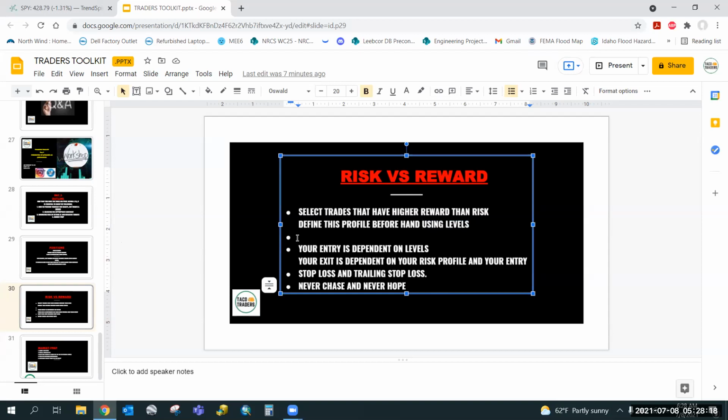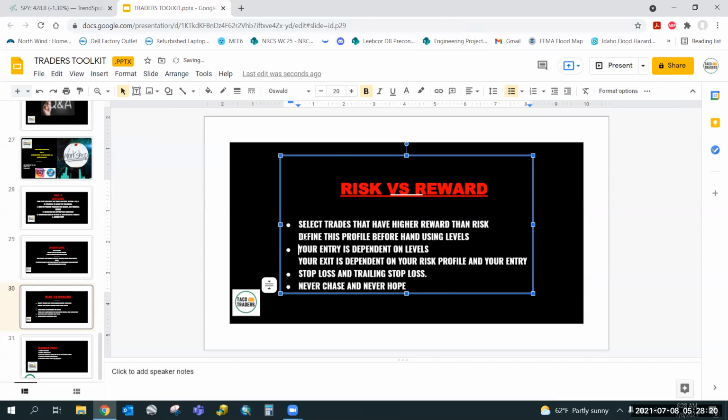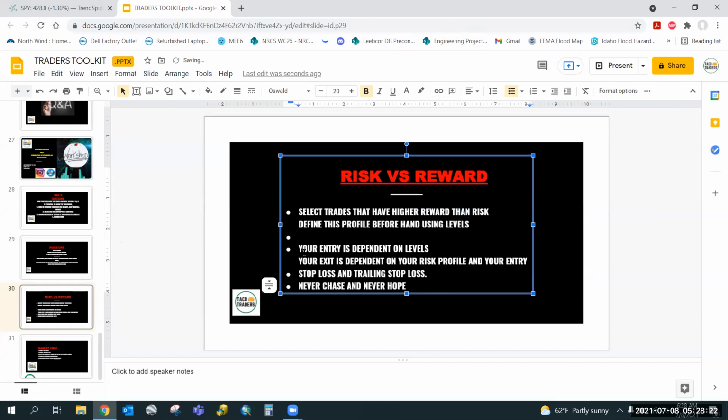But in general, your entry is going to be dependent on the levels. You're looking for a breakout, for one specific level to break, and that is what your entry depends on. But the exit of the trade, when should I exit my position? Hopefully, you would have developed a risk versus reward profile already.